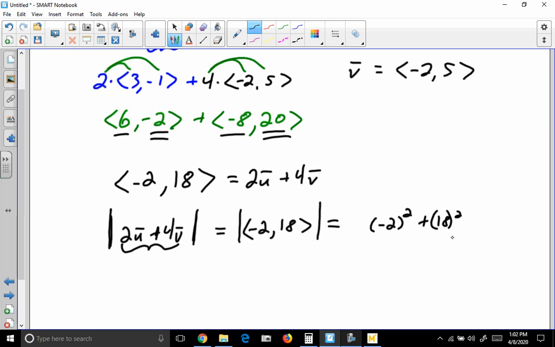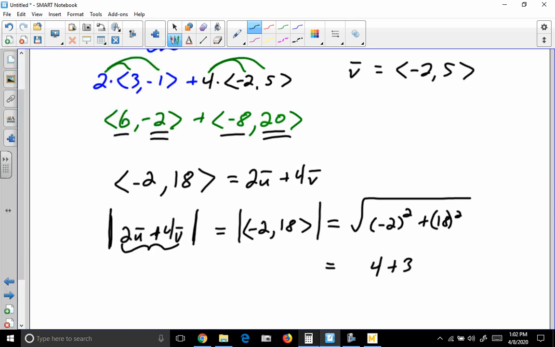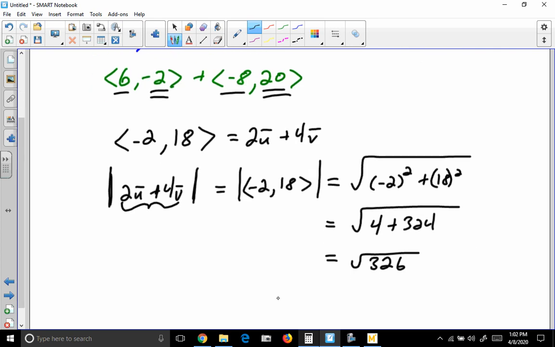That gives us the hypotenuse squared. So to get the hypotenuse, take the square root of it. So negative 2 times negative 2 is 4. 18 times 18 is 324. We need the square root of that. So the square root of 328. And then you could simplify that square root depending on if it wants it as a radical or if it wants it as a decimal.